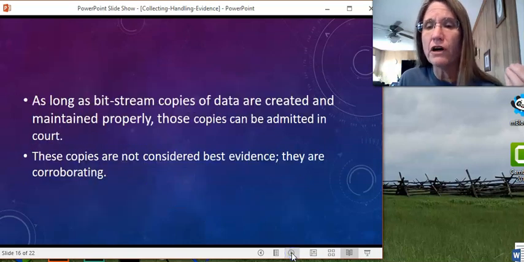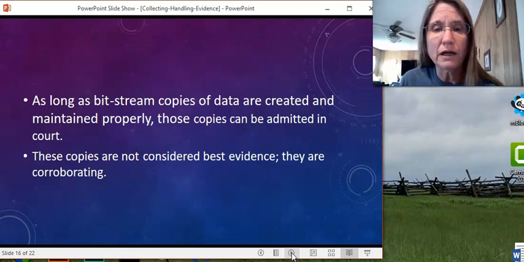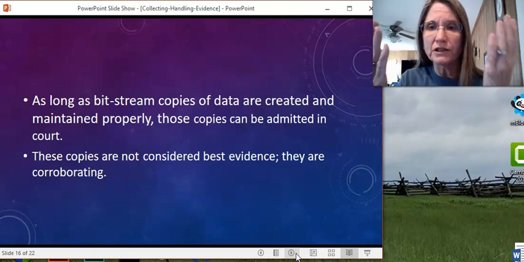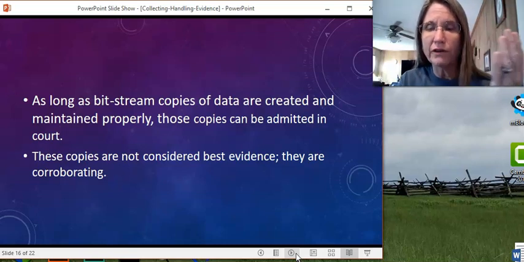So in the case of a digital replica, as we are going to produce in one of the labs in our class, we do a bit-by-bit copy of the original data, and those copies, those replicas, may be admitted in a court of law as long as we provide some type of proof that that replica is an exact copy of the original.